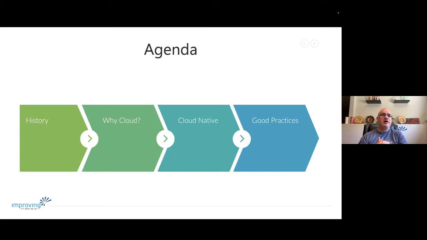Then we're going to dive into what it means to be cloud native, not just run in the cloud, but actually be, what is the term of art, cloud native, and why and how that's different. And then we'll look at some good practices around building cloud native applications.